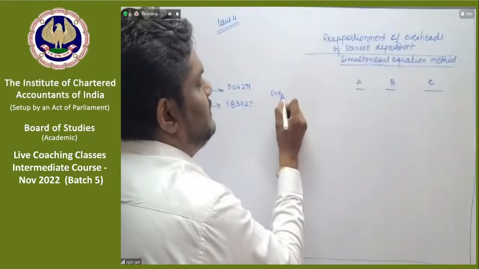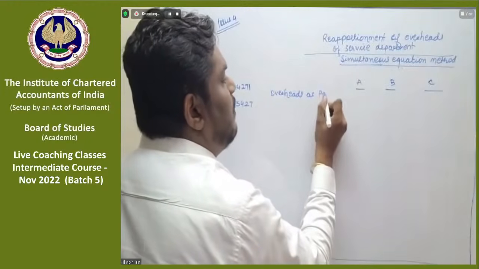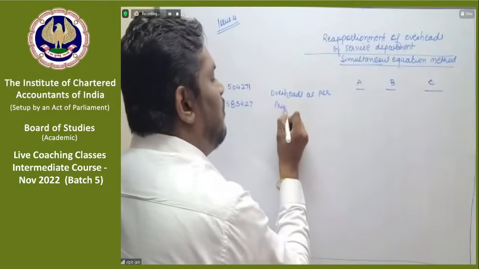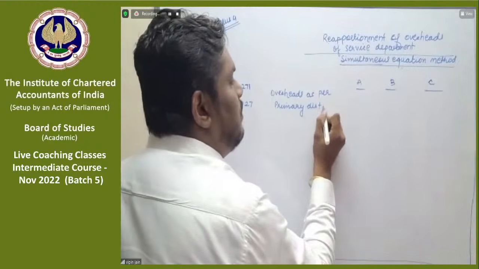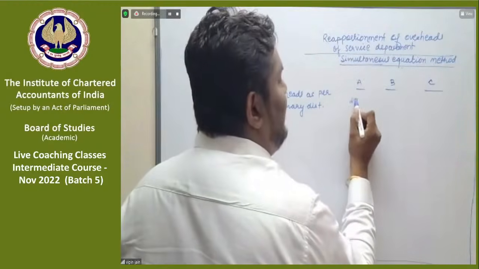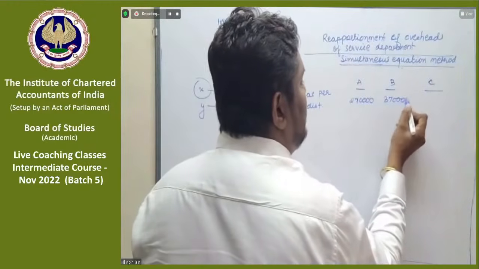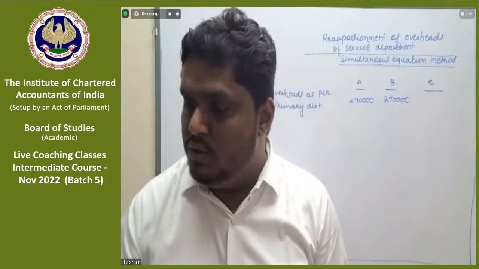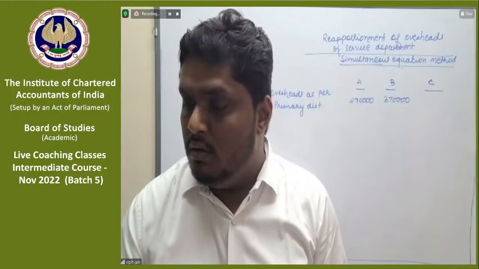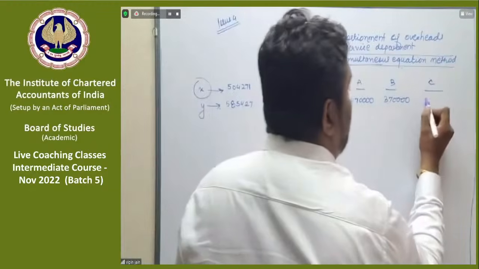So overheads as per primary distribution: this was somewhat 2,70,000, this was 3,70,000 and C was 6 lakh. Let me check the solution. Yes, this was 6 lakh.